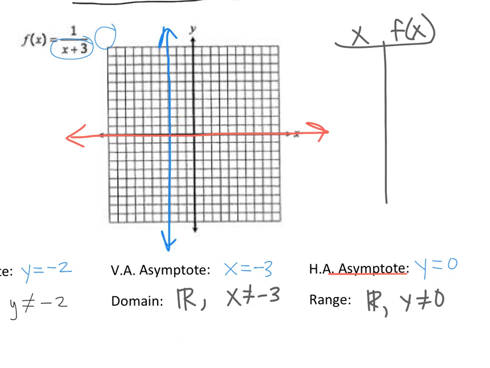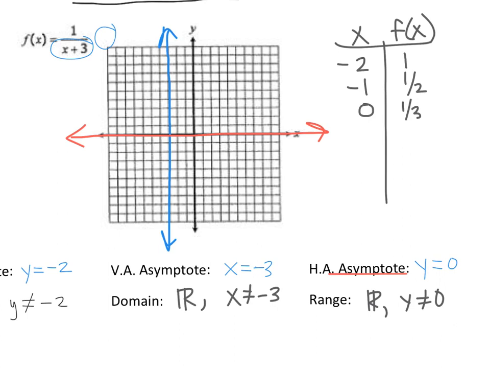If I plug in -2 for x, I'm going to get 1 over -2 plus 3, which is going to be 1. I could also plug in -1 for x, and that will give me 1/2. I could plug in 0 for x, and that will give me 1/3. I can't plug in -3 though, because that will give me a number that is not defined, because that'd be divided by 0.